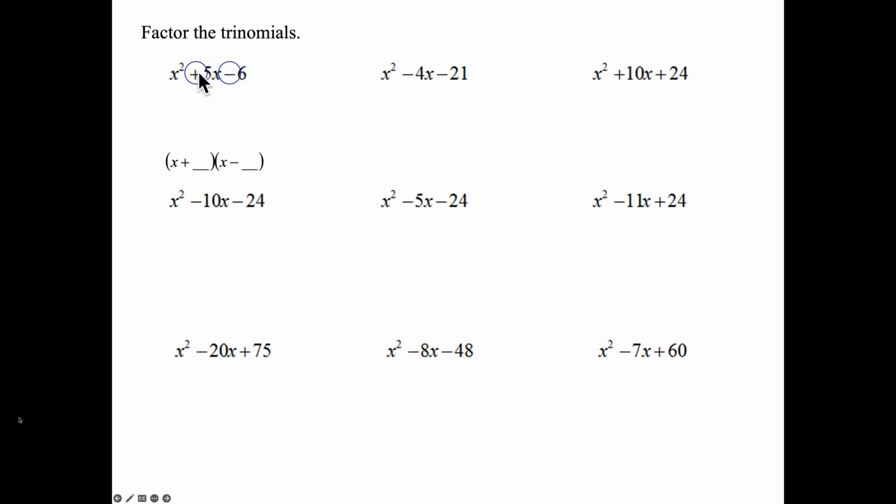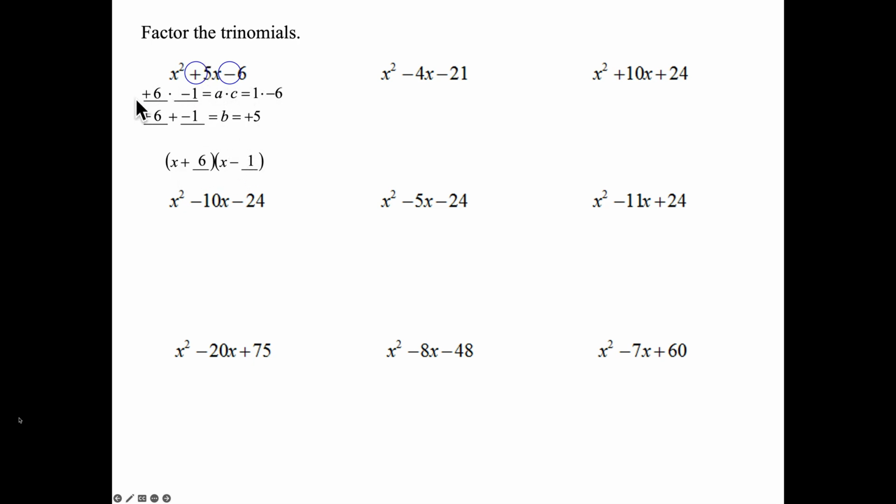And again, if you want to put the big under the plus sign, we're going to go find our numbers. What two numbers multiply to be 6 and subtract to be 5? Well, if I'm going to subtract, one has to be bigger than 5 and the other one's smaller than 5. My only option is 6 and 1. Plus 6, put the 6 in the plus sign, the 1 in the minus sign, and you're done.